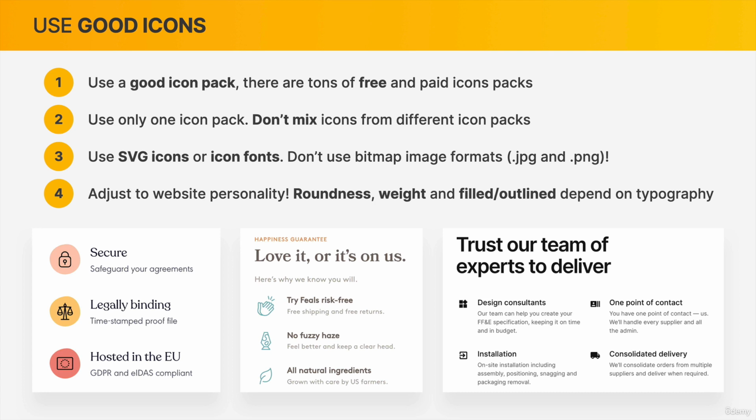Now, on the other hand, on the right side, we have a very squared or boxy typeface. So it's not round at all, right? It's completely different than the typeface on the left side. And so therefore the icons are also completely different. They are quite squared and so not round at all here. And so they combine perfectly with all the text here.